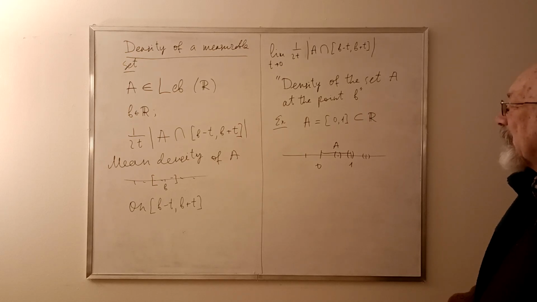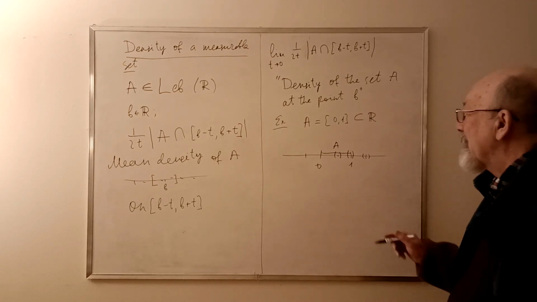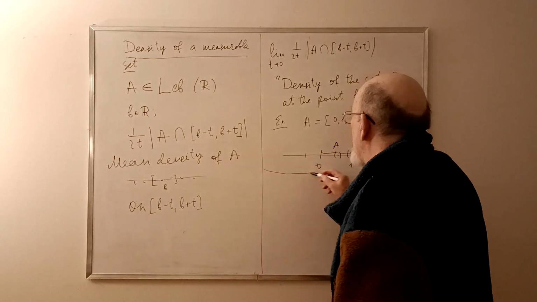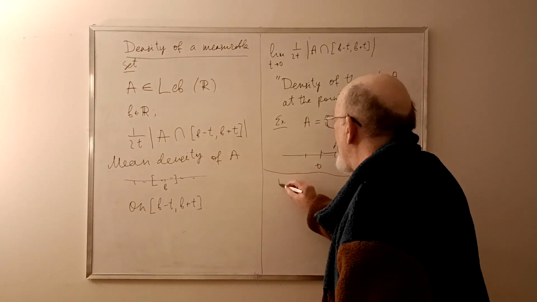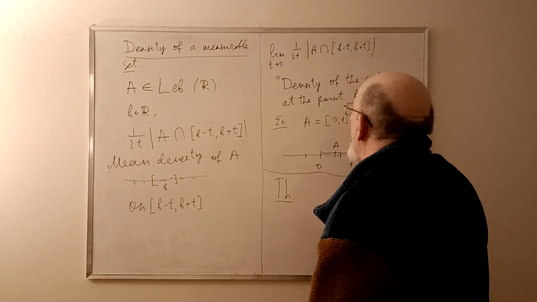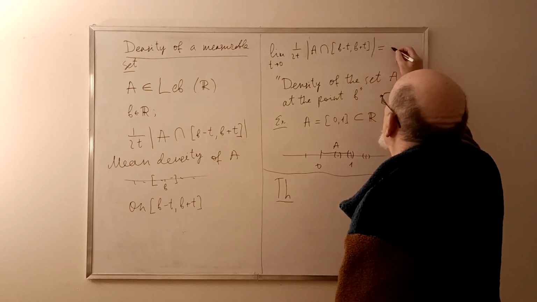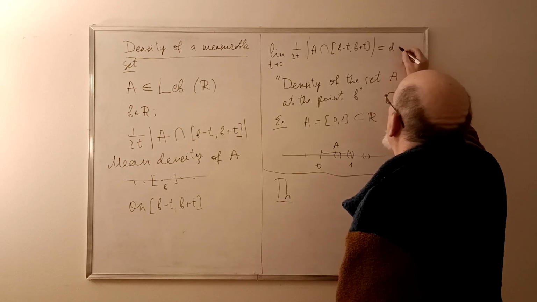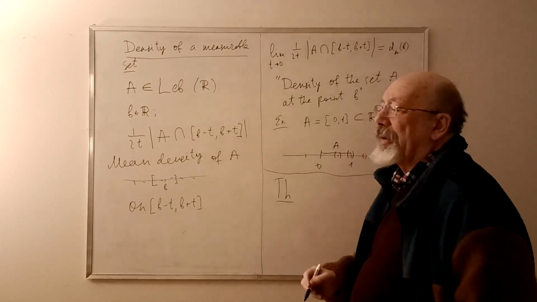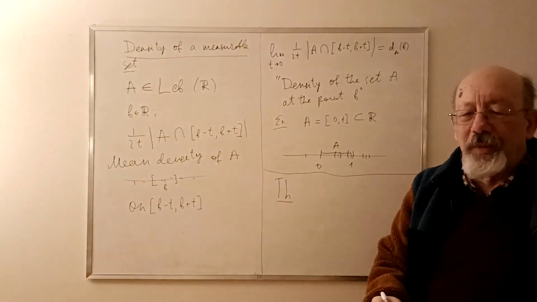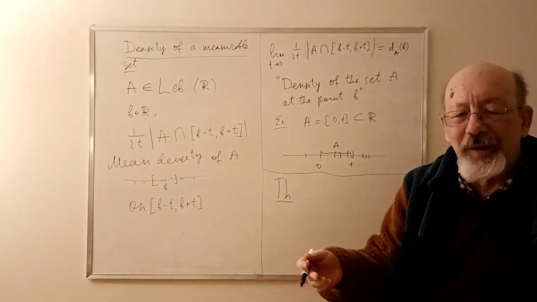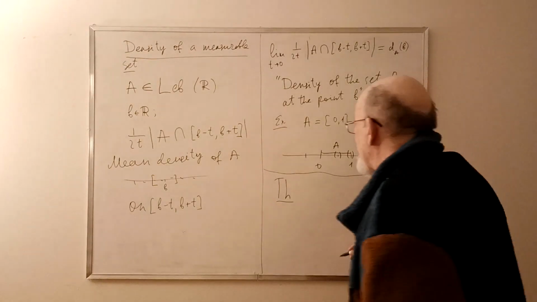And it turns out that it is wrong. Such a thing does not exist. And the theorem: dA at the point b is the notation for the density, if such a density exists.